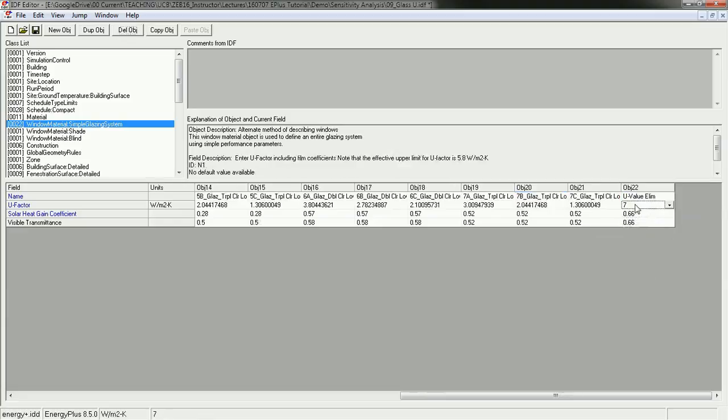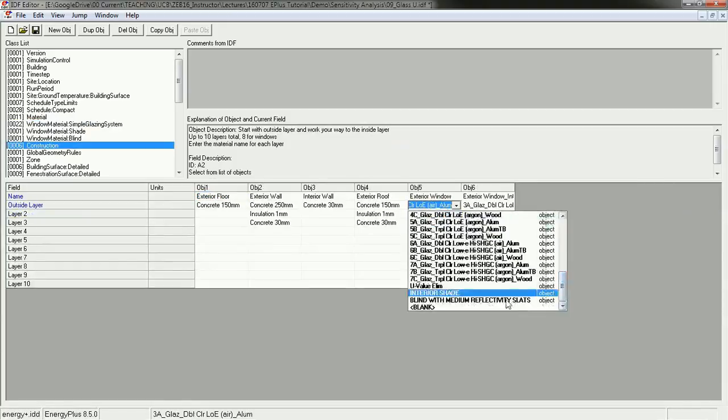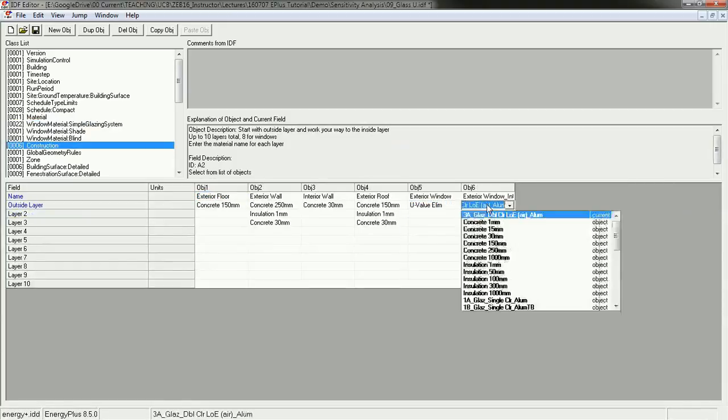where it was, but instead of this U factor of 7, that's a very high U factor, so I'm going to reduce this down to say 1. And that's going to give me a really good sense of what a much more insulative glass would do. And now I go to the construction, and here under glazing, I need to change this to the U value elim.